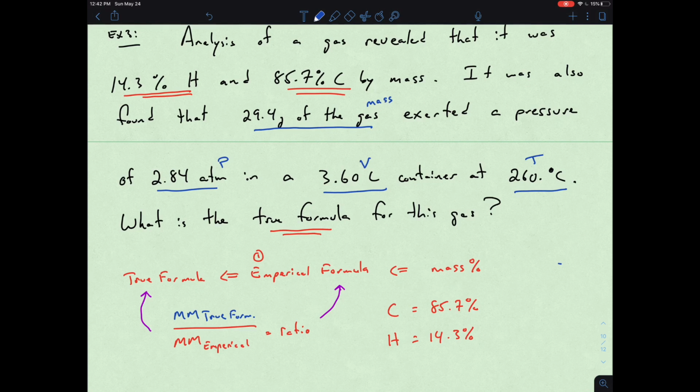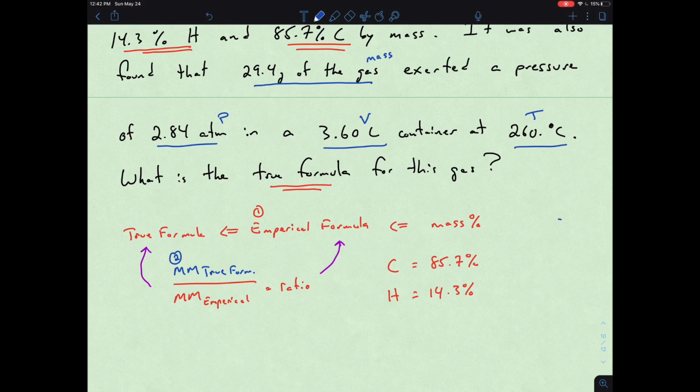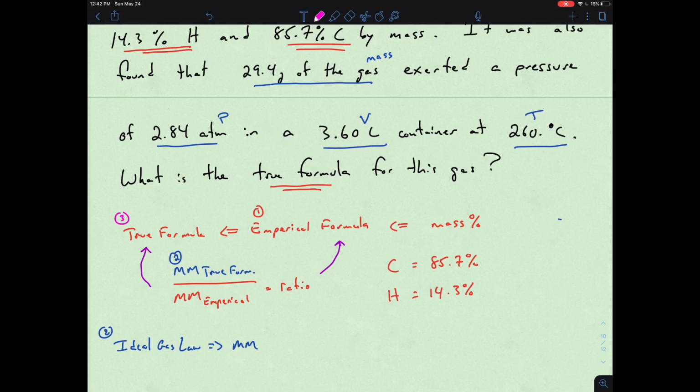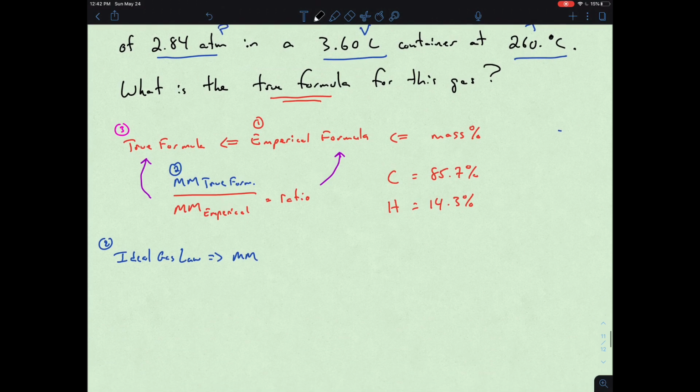So the second step would be using the ideal gas law to solve for our molar mass. And then we can put that all together as step 3 to really get to the true formula.